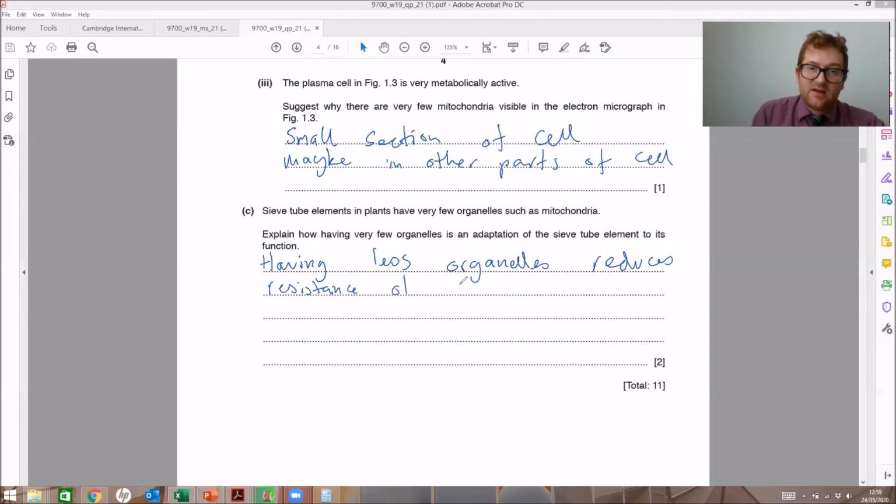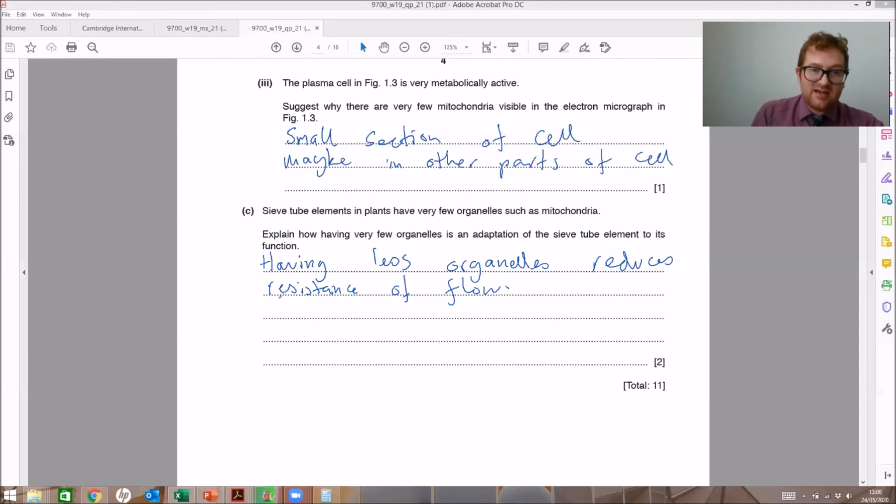Now not only that, but the phloem itself doesn't actually do the active loading or unloading as such. Remember that there's a companion cell attached to the phloem that does all the main work, and they would have all the organelles in there as well.